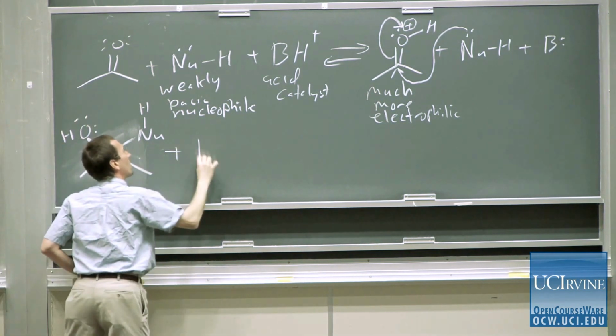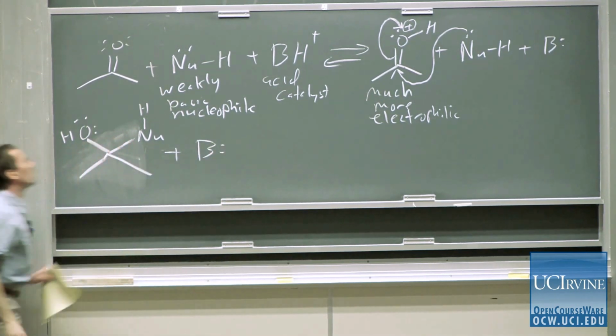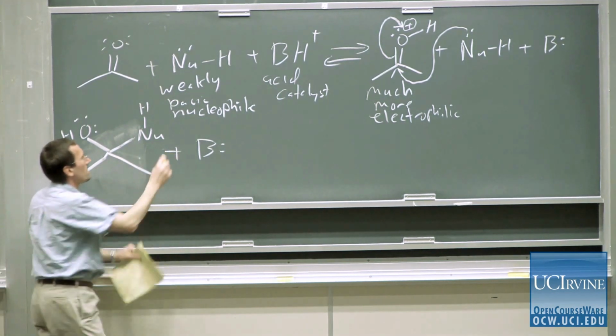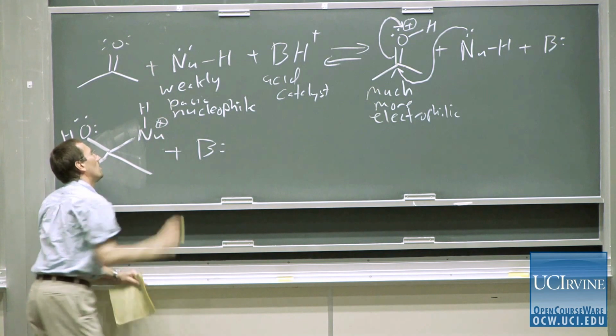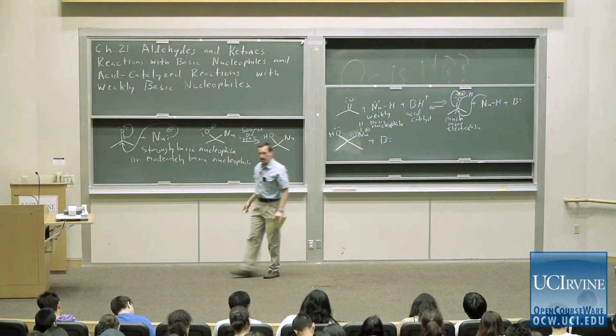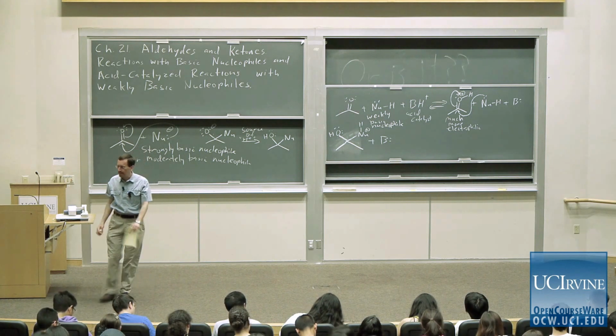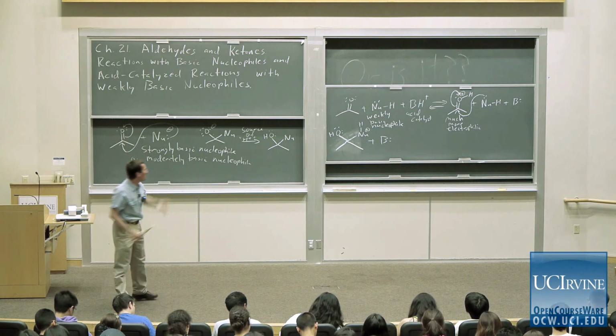And we still have our base, and our positive charge now is on the nucleophile. And so at this point, the base, the conjugate base of the acid catalyst, can pull off the proton.